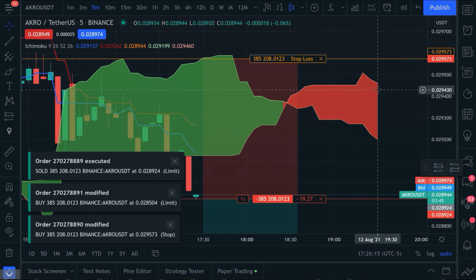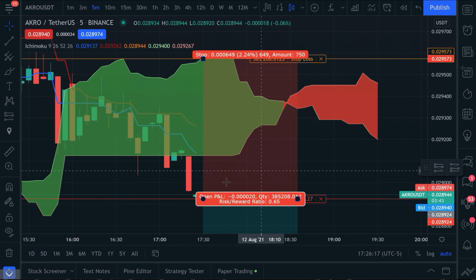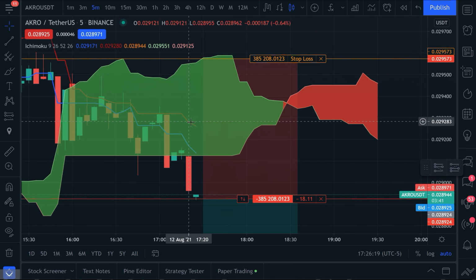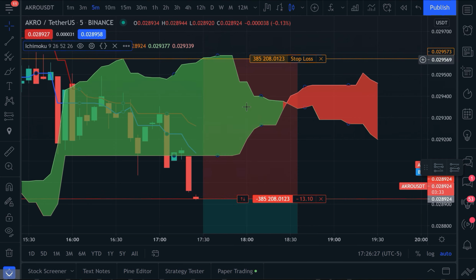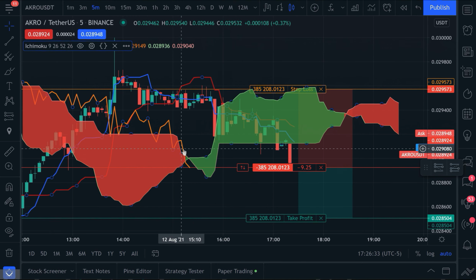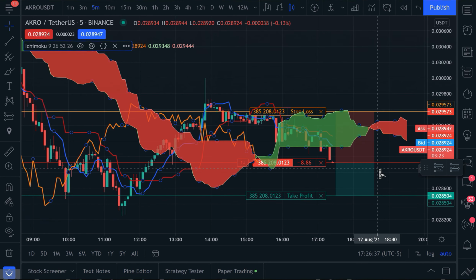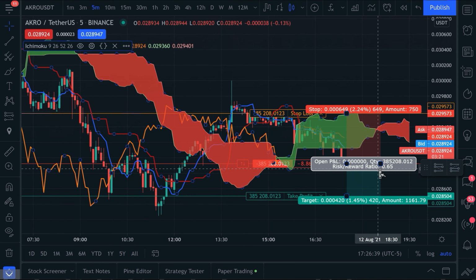So I have a red cloud. The baseline and the conversion line are effectively in the position of a short. The price is under the cloud. The lagging span is under the cloud and under the price. This is effectively a short. It is.